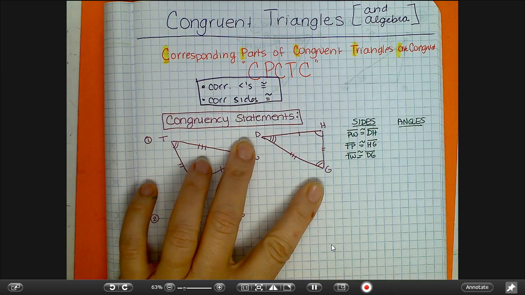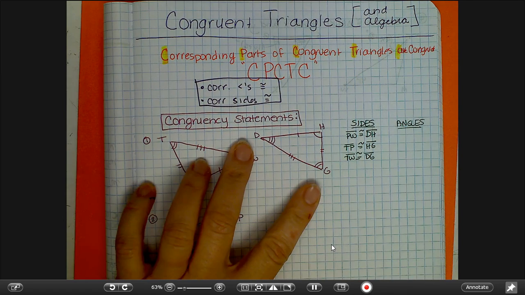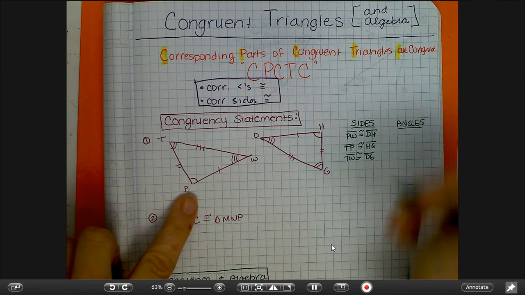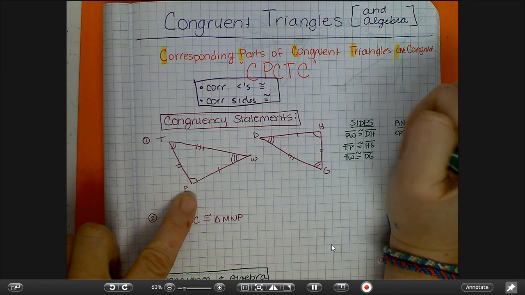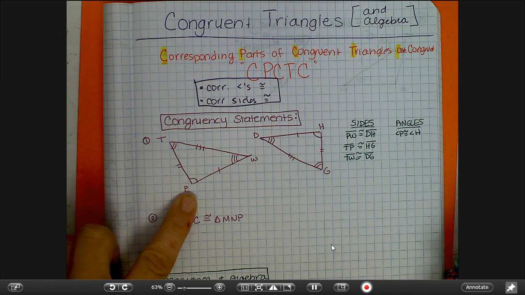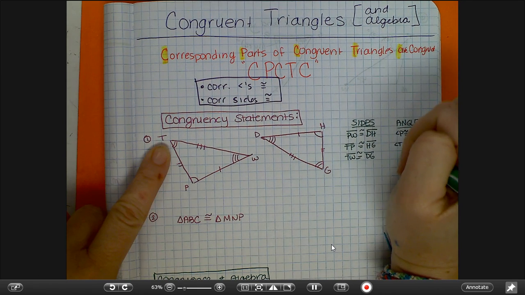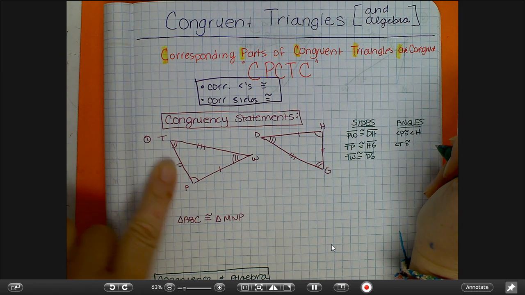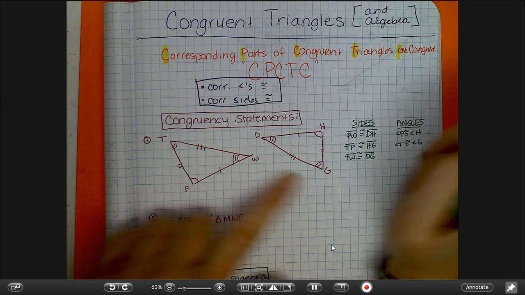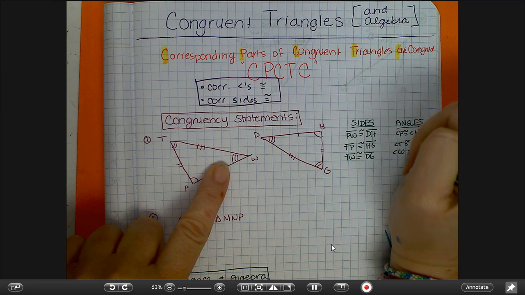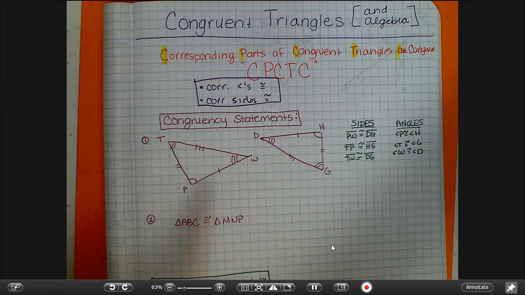Hopefully you're like, oh my gosh, that makes sense. For angles, angle P is congruent to angle H. Angle T is congruent to angle G. And angle W is congruent to angle D.